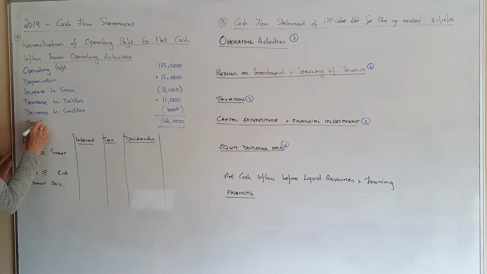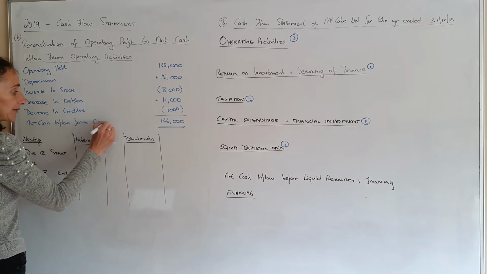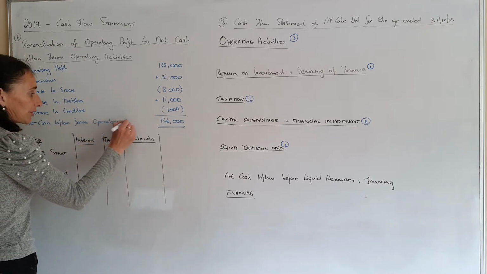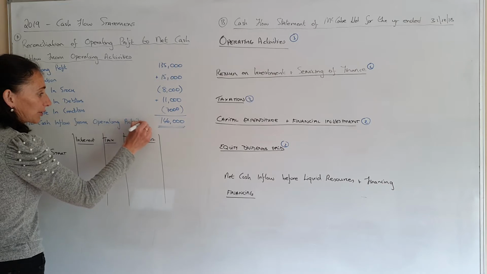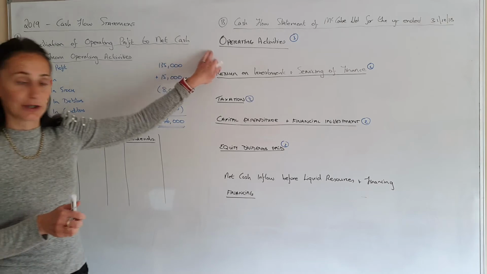Now, you have to write it down perfect: your net cash inflow from operating activities. Just in case it did come up, though I don't think it will for ordinary level, if your answer ended up negative, you'd have to change this to say outflow. Now this figure is automatically transferred right over here.